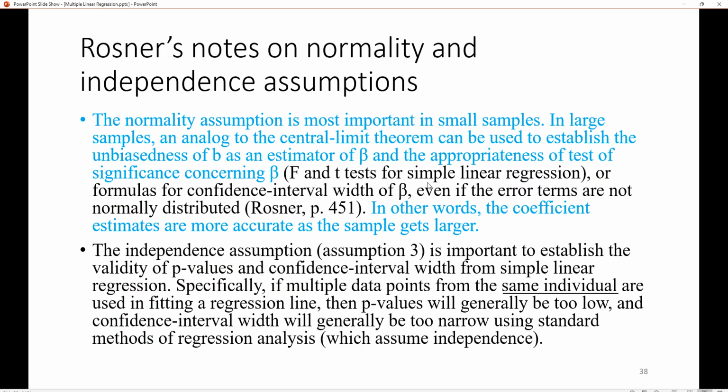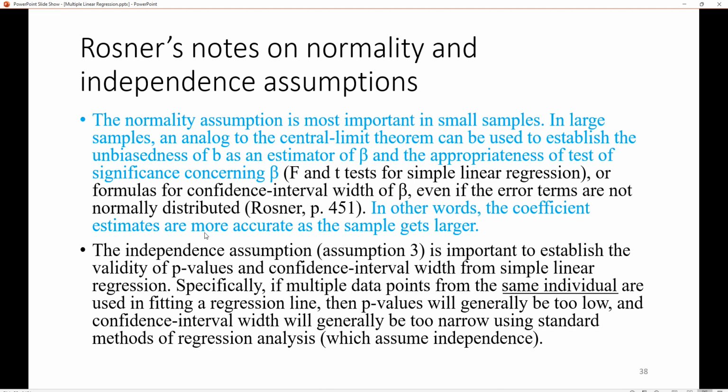And here are some notes on normality and independence assumptions. The normality assumption is most important in small samples, and in large samples, an analog to the central limit theorem can be used to establish the unbiasedness of your coefficient B as an estimator of your population estimate, and the appropriateness of tests of significance concerning B, or beta, your coefficient.